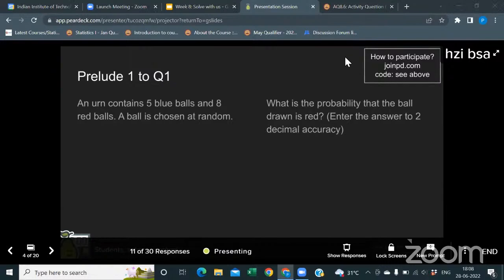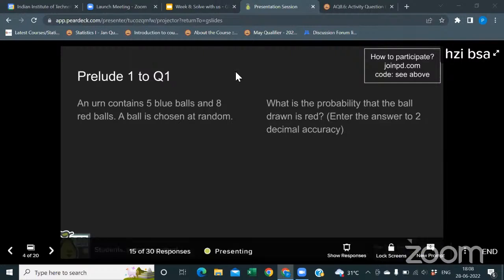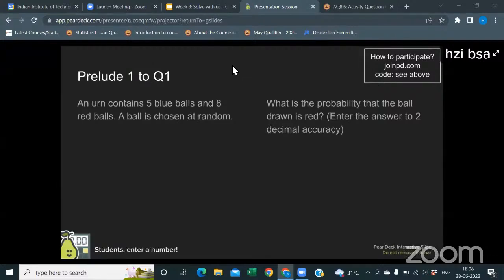Enter joinpd.com on your browser, and after that enter the code HZIBSA. Done, sir.